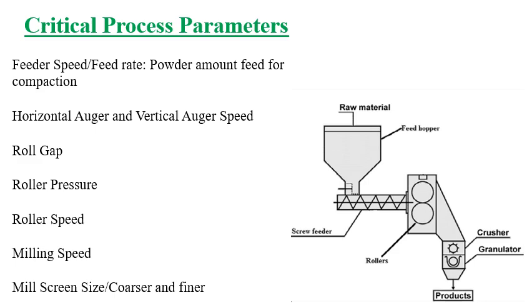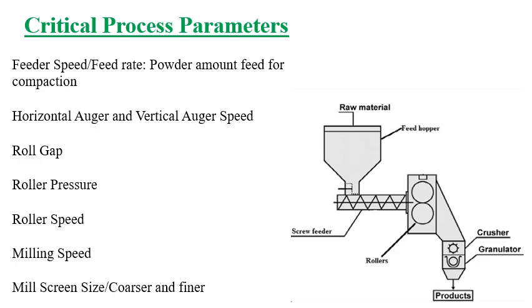Critical process parameters include the feeder speed or feed rate of the powder. That means how much powder is fed through the hopper. So this powder feeding rate is an important critical process parameter.